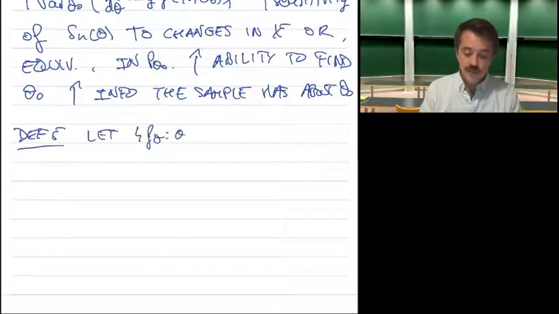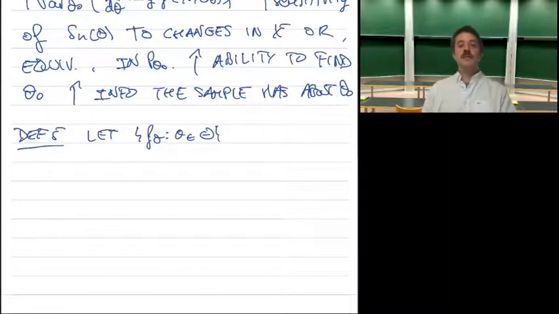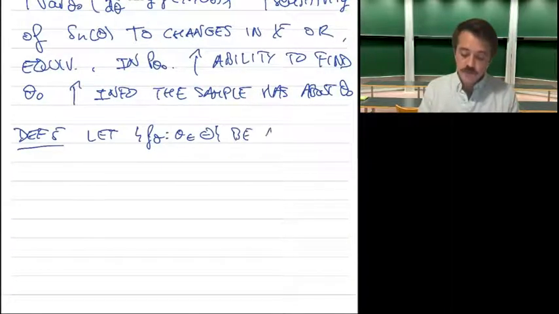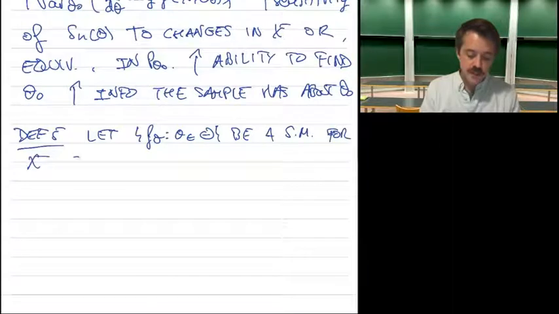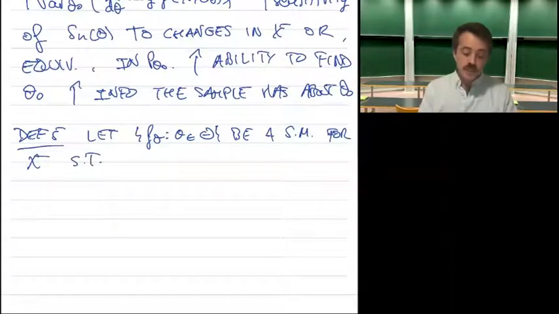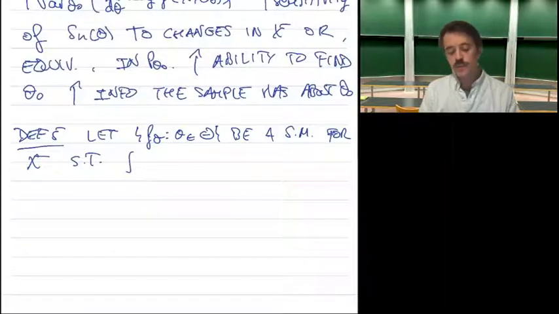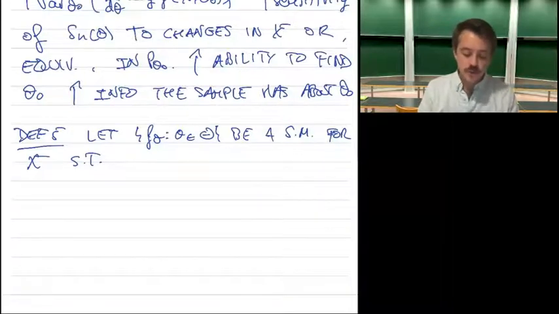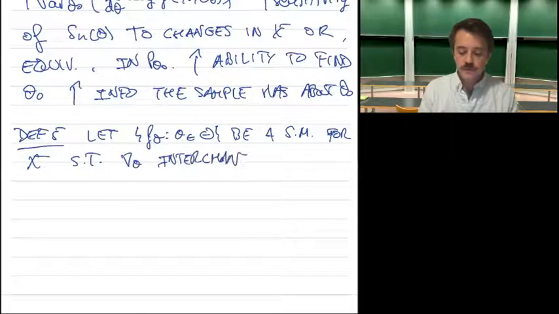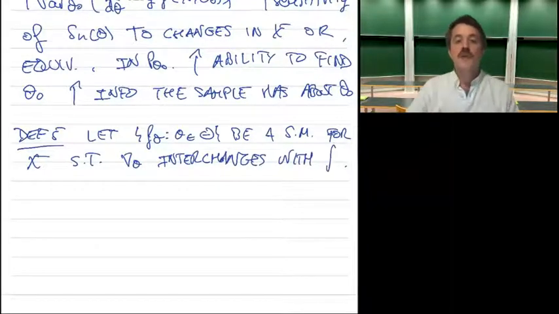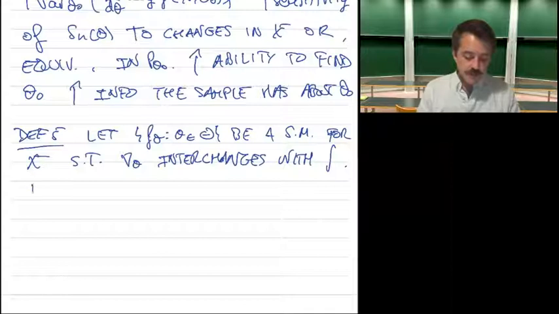We have this statistical model for some parameter space, a statistical model for X, such that we wish to assume the same as in observation 2 from the previous lecture, such that the gradient interchanges with the integral.